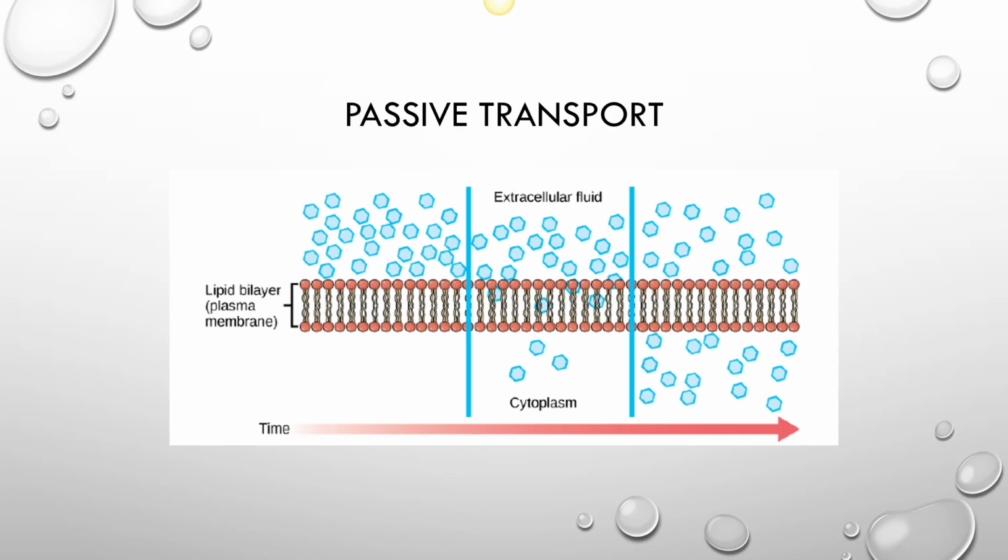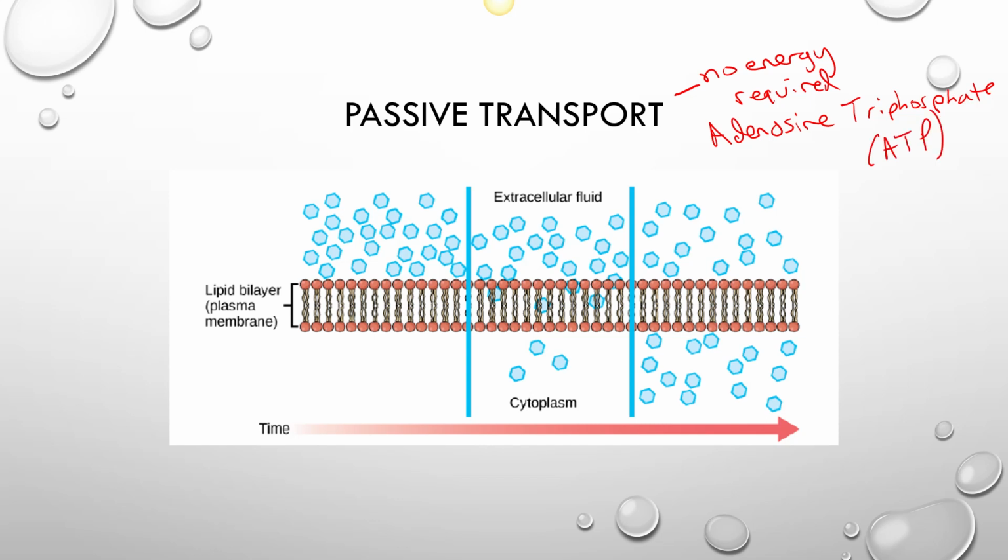So passive transport, again, does not require energy. And our major form of energy, like we talked about earlier, is adenosine triphosphate, or ATP. So this is not required for passive transport.